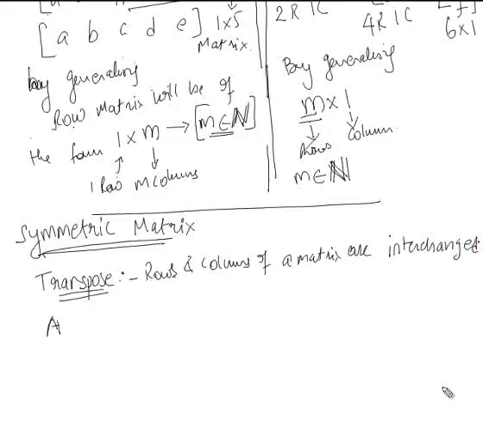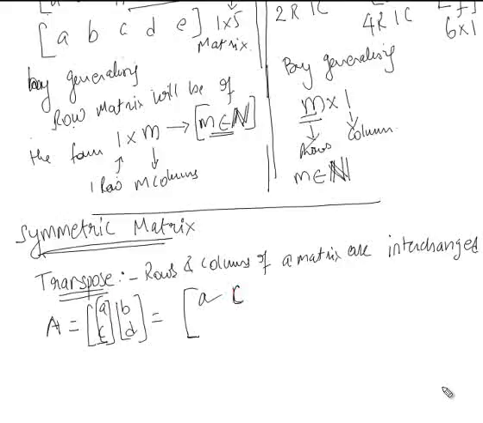That is, suppose A is a matrix written like this, A, B, C, D. What will it become? I write the rows as columns and the columns as rows. So rows will become columns, columns will become rows. So AC was a column, that will become a row here. It was the first column, it will become the first row here, AC.